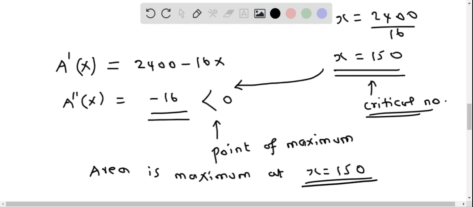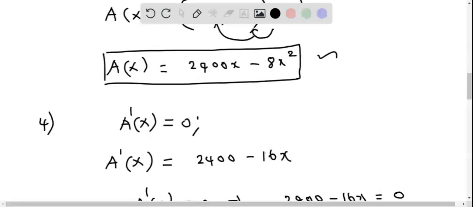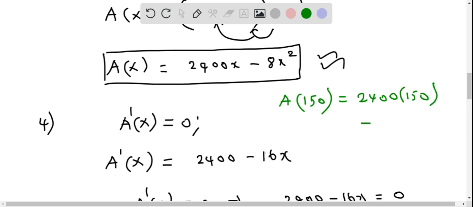So now we know that the area is maximum at x equal to 150. We can go back and substitute into the area function. So let me do it here. A of 150 equals 2400 times 150 minus 8 times 150 squared.